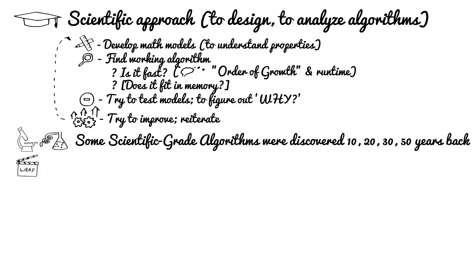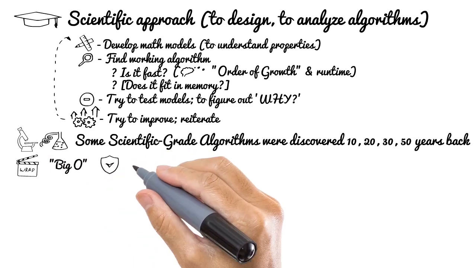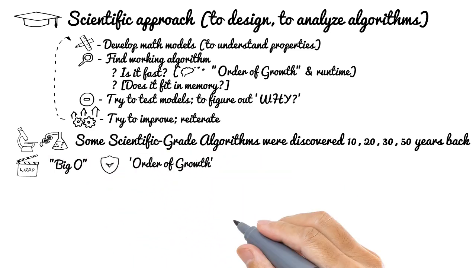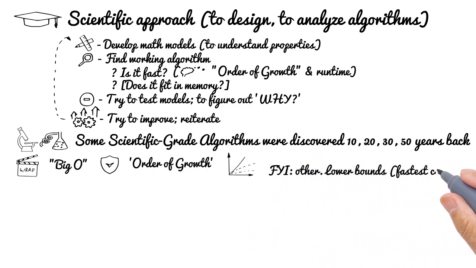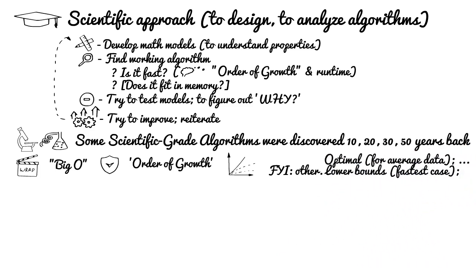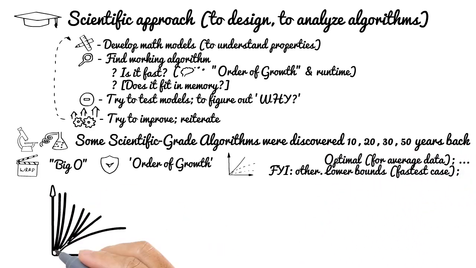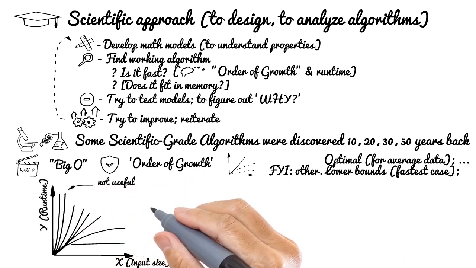Let's wrap up what we have discussed so far. Big-O notation is about a guaranteed upper bound for algorithm order of growth. There might be other notations, like lower bounds for the fastest case of executing an algorithm, or optimal algorithm, applicable for average input data. Exponential and factorial algorithms are not useful in practice.